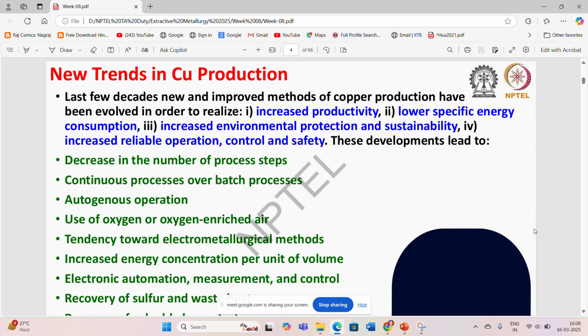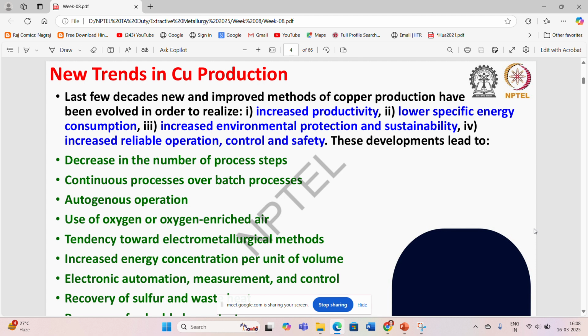Earlier, first we were going for the oxidation roasting process, then matte smelting, then converting, then electrorefining processes. Now, with the help of the newer processes, these can be done in a single furnace at a time. Previously, they were doing it in different furnaces, including different steps.